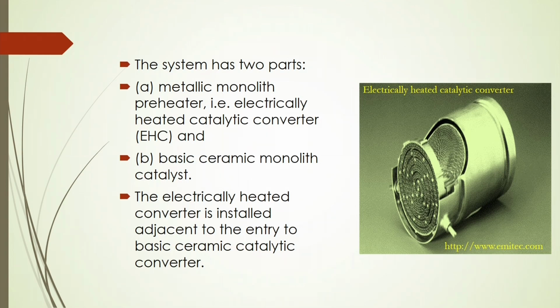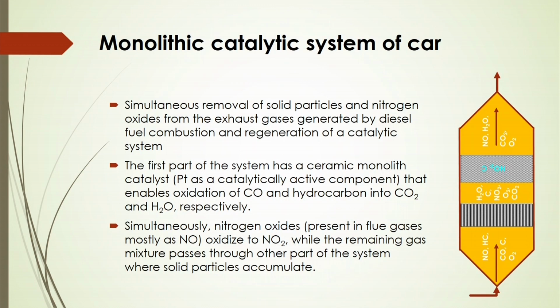So, that metallic monolithic preheater and also ceramic monolithic catalyst both can be used in that particular catalytic converter. And the electrically heated converter is installed adjacent to the entry to the basic ceramic catalytic converter, you have to remember.